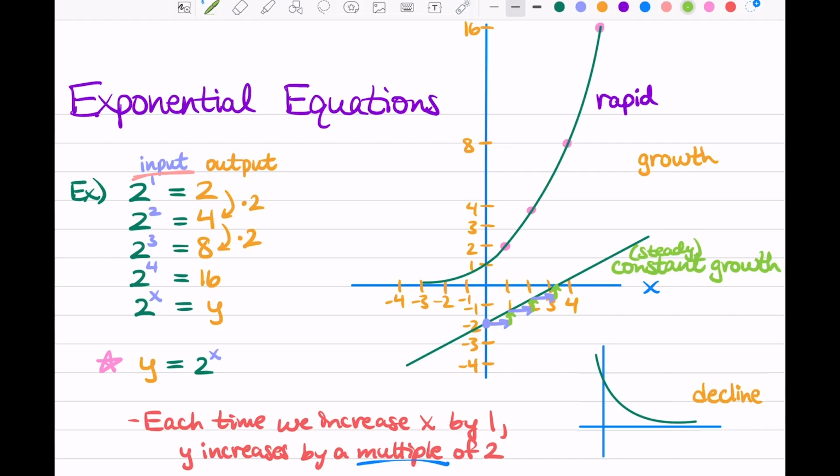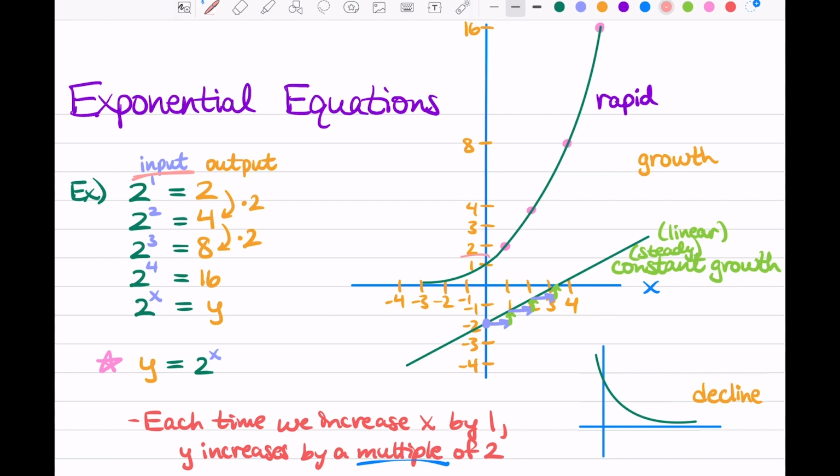And you can also refer to constant growth as linear growth. You'll hear these different terms to describe a curve. If you hear that the curve is growing rapidly, that's going to be exponential. If you hear that there's a steady or linear growth, that's going to refer to a line.